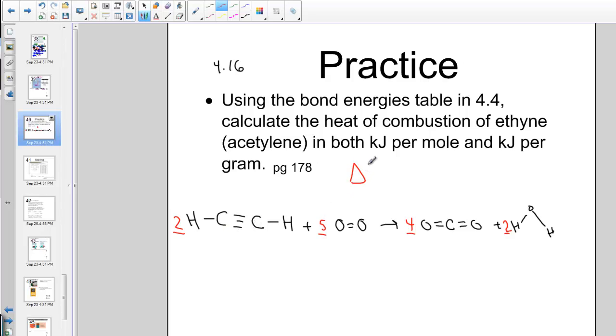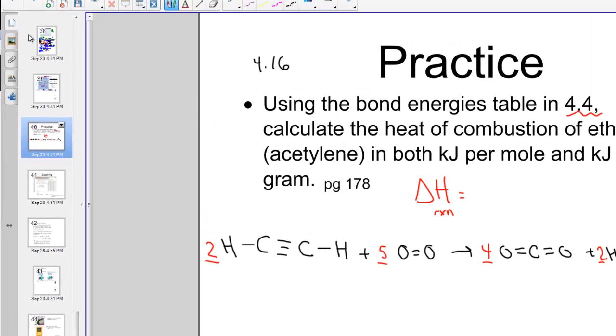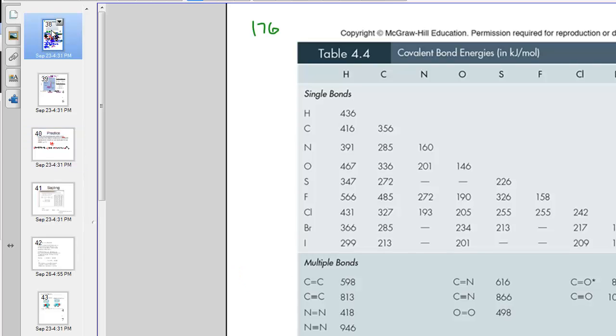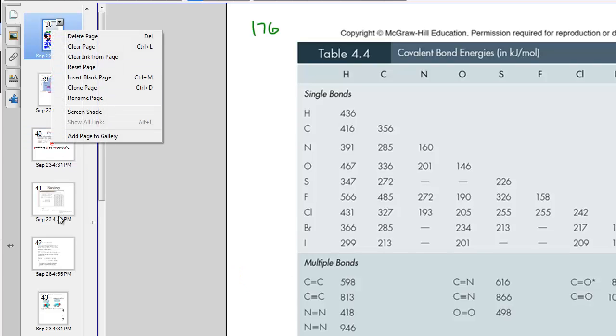We'd like to know the delta H for this reaction. What is the enthalpy change, the overall chemical heat content, as this fuel combusts? Of course, we're not expected to memorize, but we should know where to find table 4.4. If you have that handy, that's what we're going to end up using. It's on page 176 or just a couple slides back in our PowerPoint presentation.